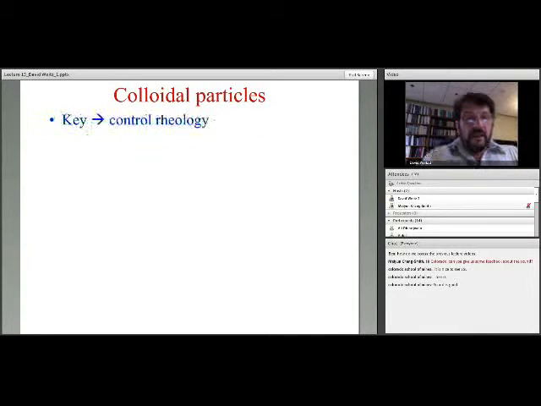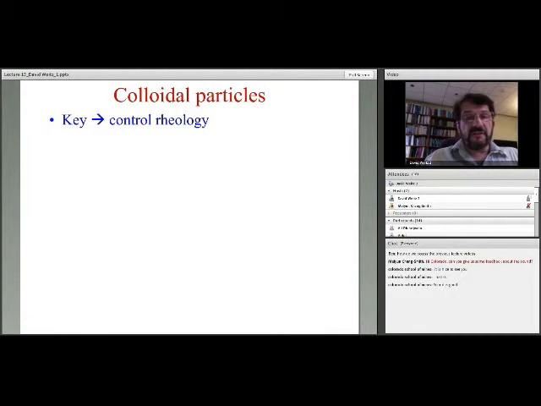Now, the real reason that you use colloidal particles is, in a sense, to control the rheology, to control the flow properties. Basically, by splitting a solid into very, very small particles, you have the characteristics of the solid, but the flow properties are controlled by the continuous fluid, by the fluid phase itself. And you can pack up to volume fractions, say, of 50%.